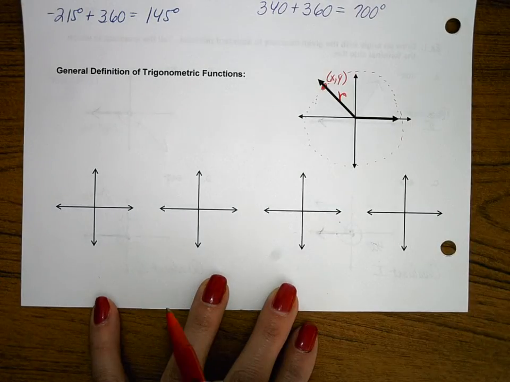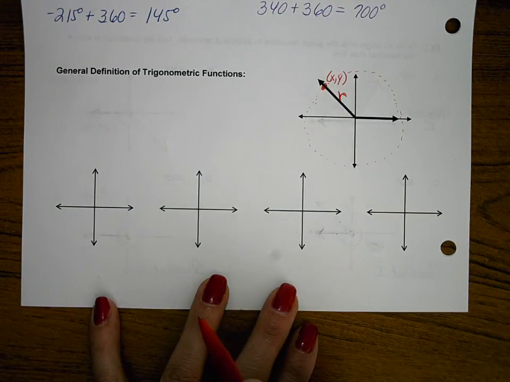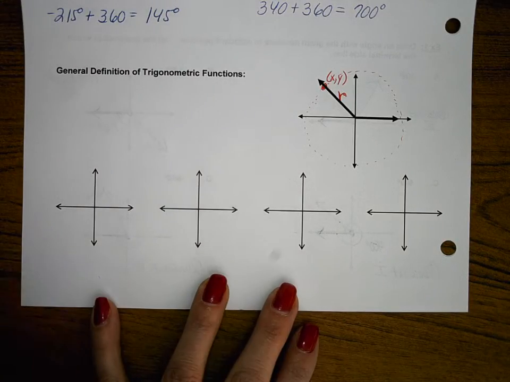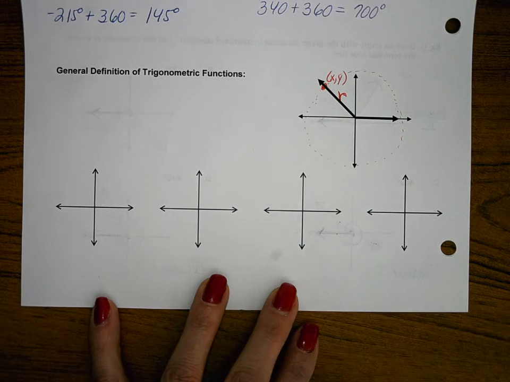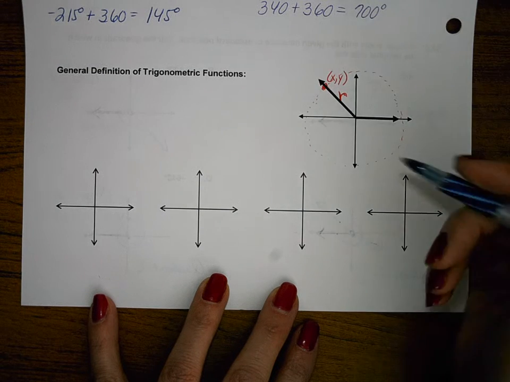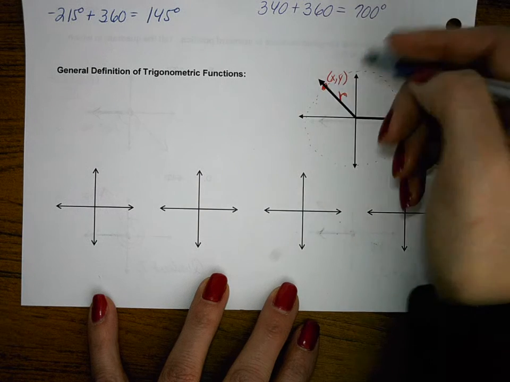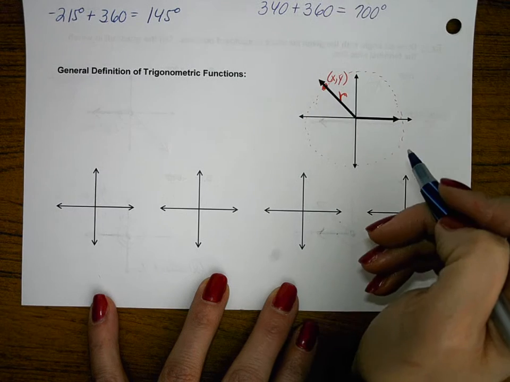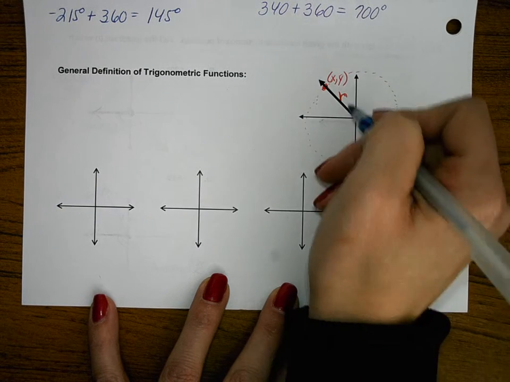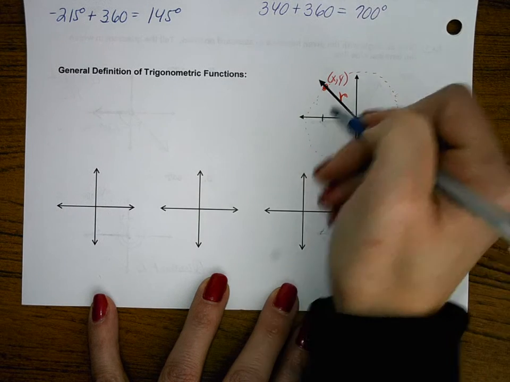Most of trigonometry is based on triangles. So, to help us with that triangle work, we're going to build a triangle from this point. To get to this point, think about how you plotted this point, X and Y. I went to the left so far, and then I went up so far.